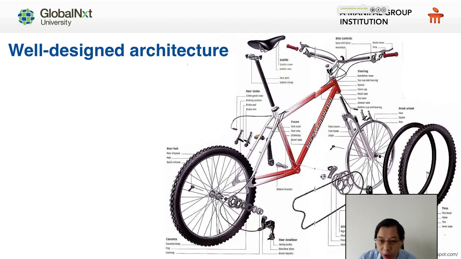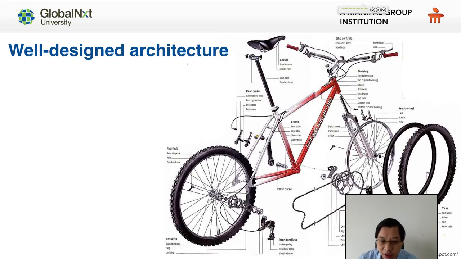So it could be the bicycle frame, the seat, the brakes, the tires, the gears. If any aspect needs upgrading, you can just take it out and put it back in, and it'll work just fine. There's no impact on any of the other components.